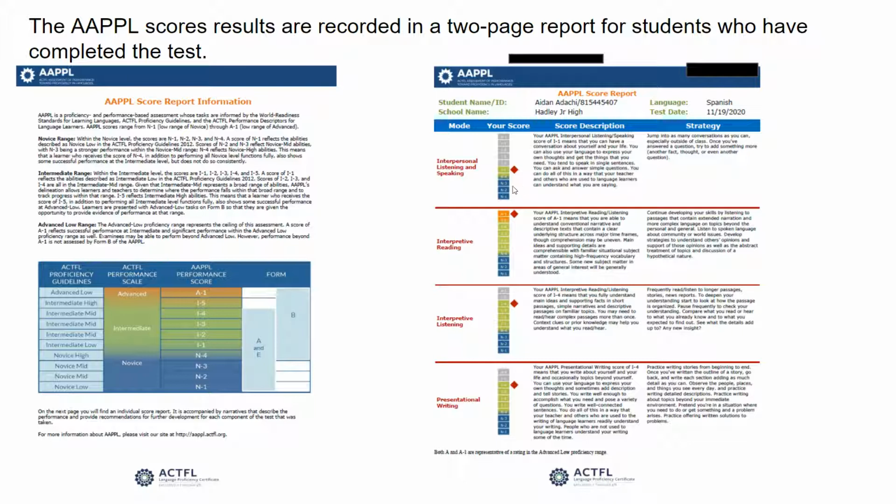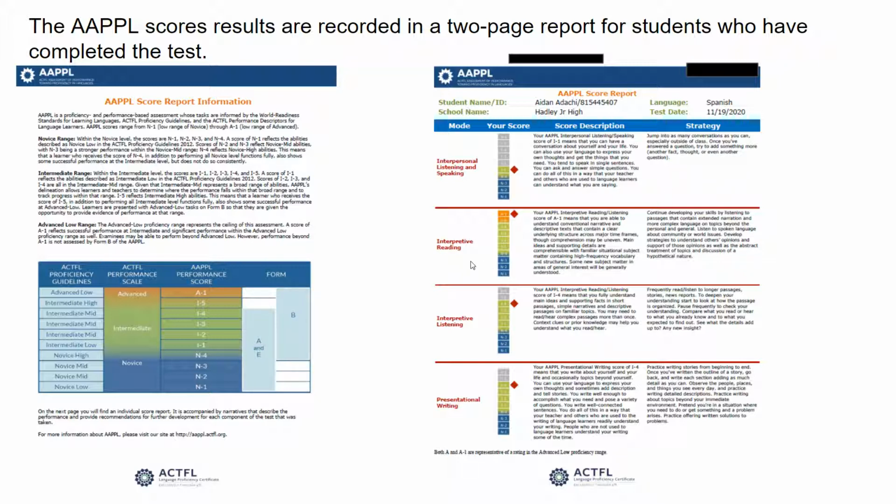As an example, this child's score on interpersonal listening and speaking, or basically the ability to complete dialogue and conversations in a language, is at a level I1. Here we can see what students are able to do at a level I1 in these skills or domains, and then suggestions for how to advance to the next level.